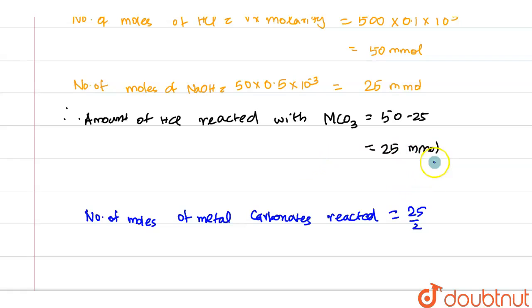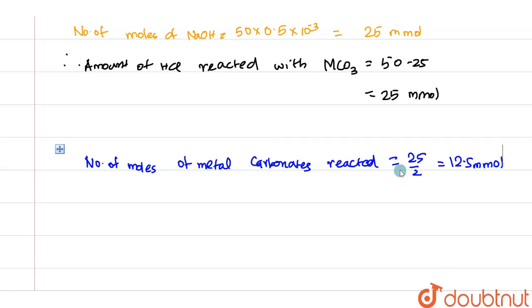So if there is 25 millimole of HCl, then only 25 by 2 millimole of MCO3, metal carbonate, will have reacted. So it will be 12.5 millimole. So 12.5 millimole of metal carbonate would have reacted with this 25 millimole HCl.